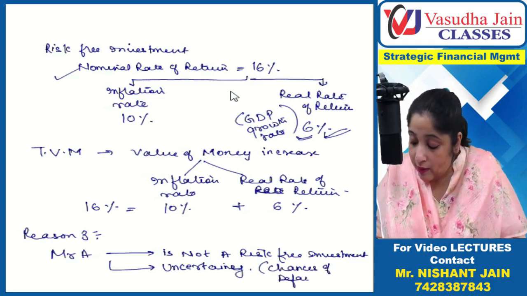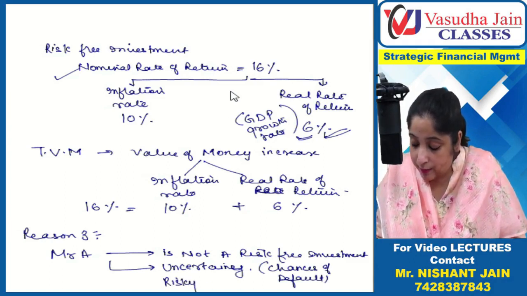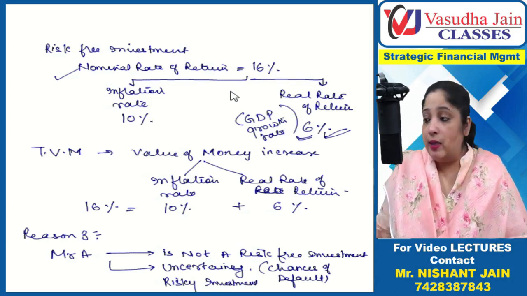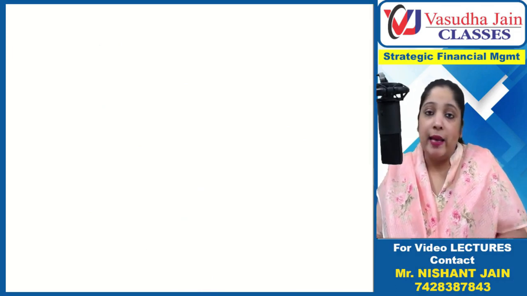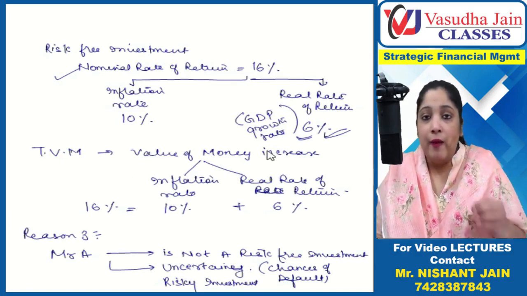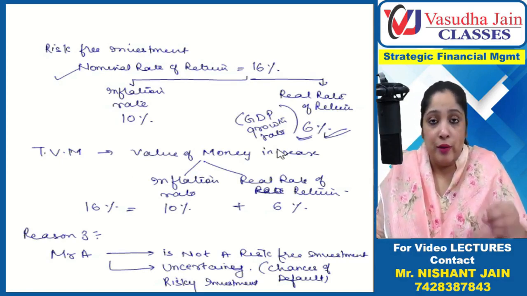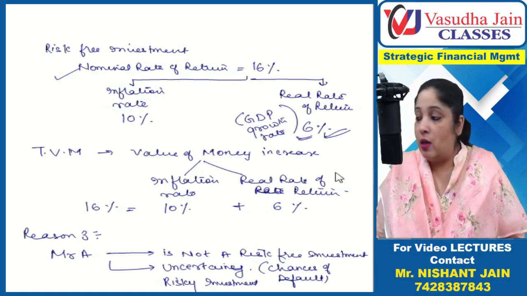So since I am investing my money in a risky investment, why would I invest my money in a risky investment when I can earn 16% from a risk-free investment? Why would somebody choose to invest his money in a risky proposal instead of a risk-free proposal?